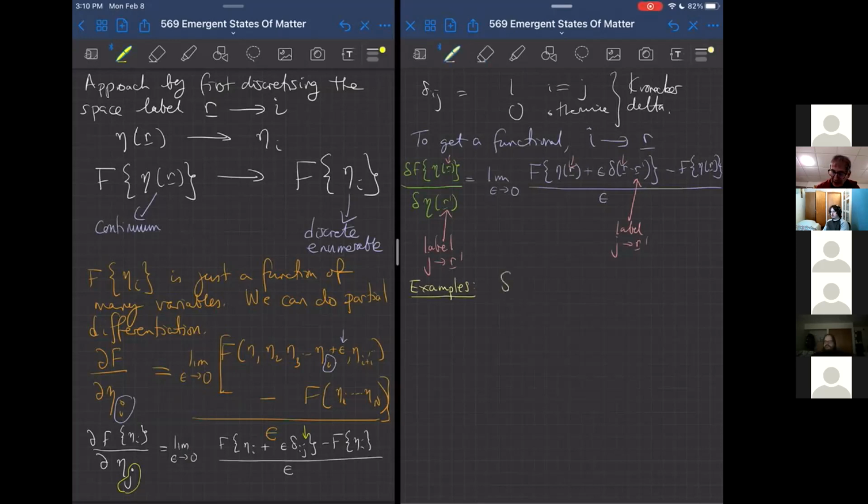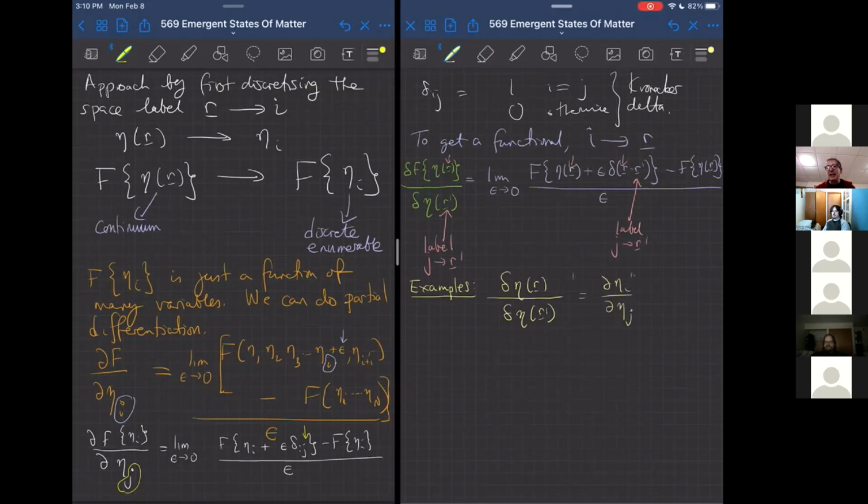So what is d eta of r by d eta of r prime? You might say, oh, I have no idea, but let's think about the definition. This is just the continuum limit of d eta i by d eta j.